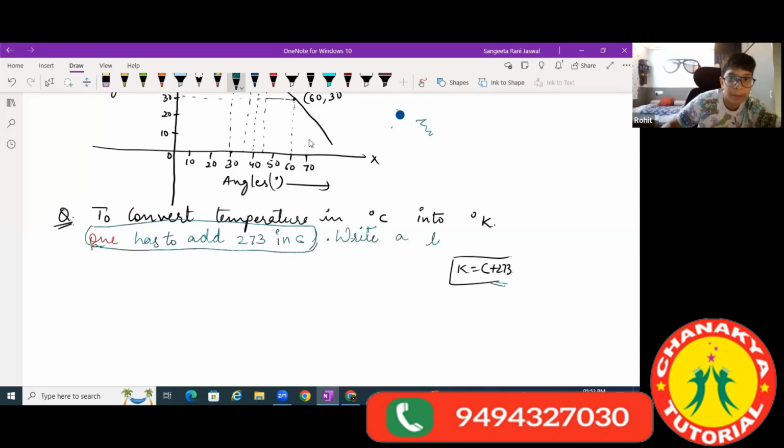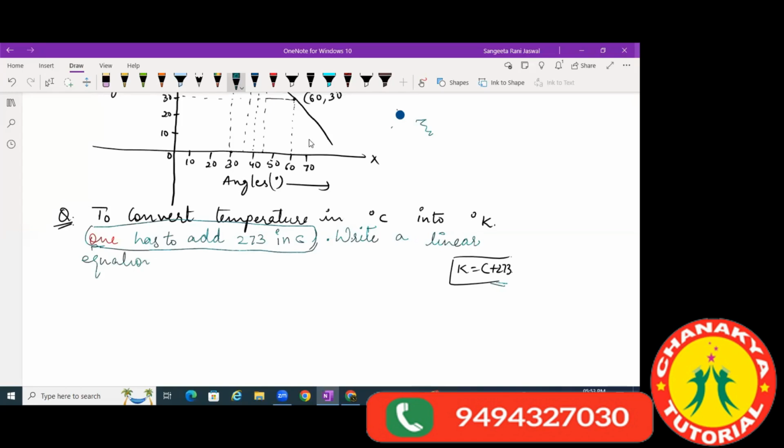Write a linear equation which shows the relation between these two units and draw the graph.